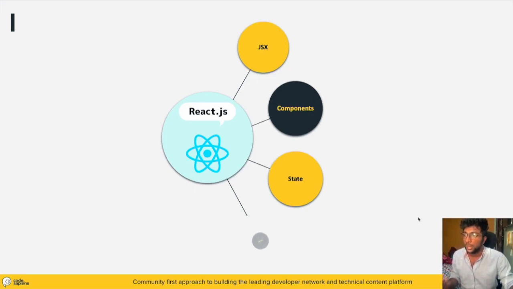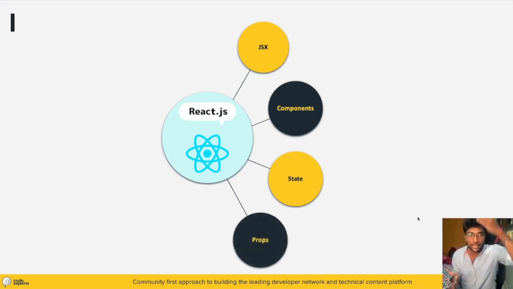And you have another important thing, props. If you remember the document object model, DOM, header, body, h1, div1, div2, div3, in the hierarchy of components there will be a huge dependency of data from one component to another component.